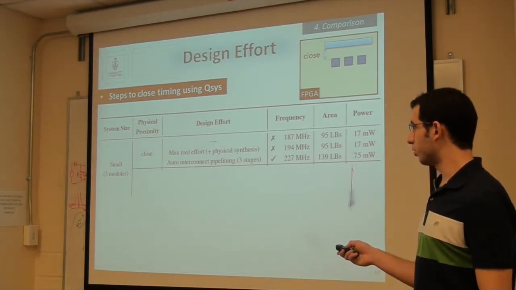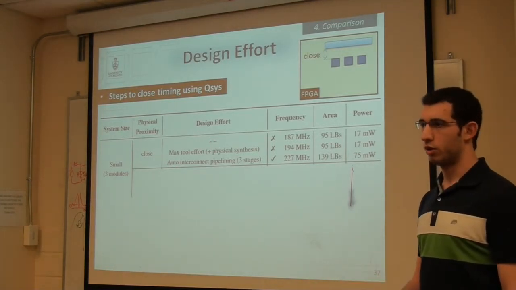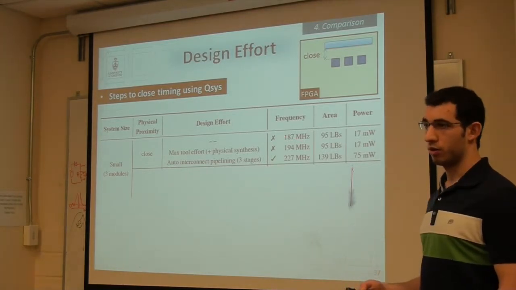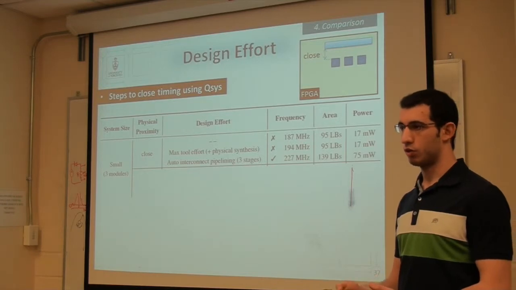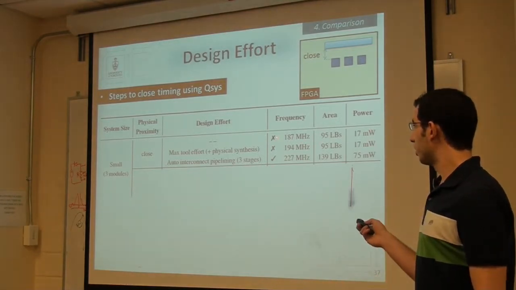We pushed the button and told QSys to generate the interconnect. In that case, it didn't meet the timing requirements of DDR. In this case, that was 200 megahertz at quarter rate. And it consumed this much area and power.